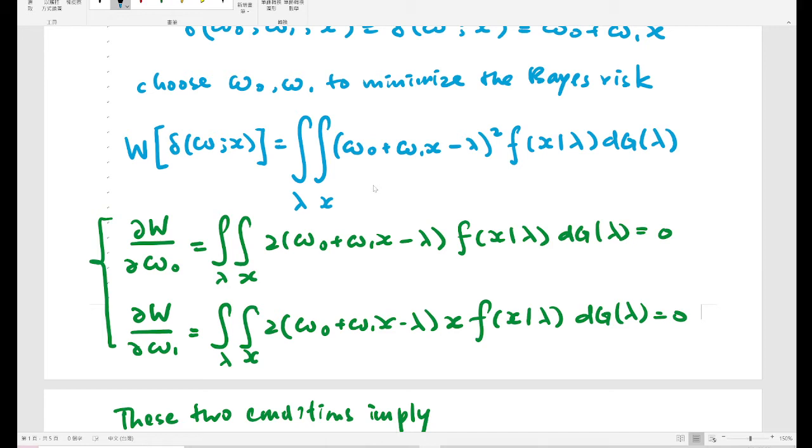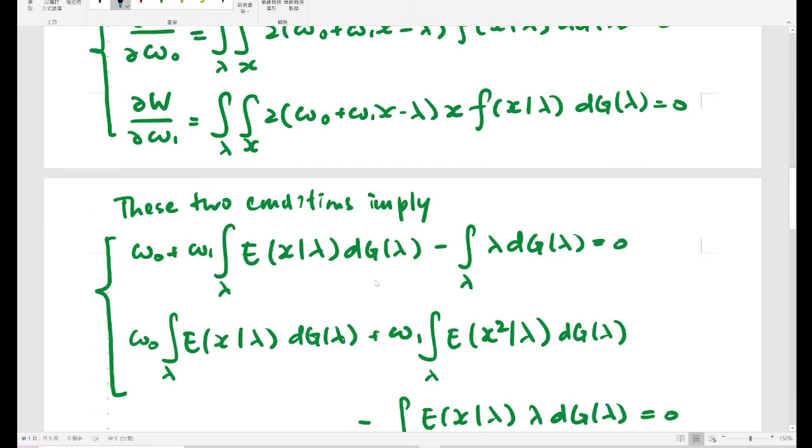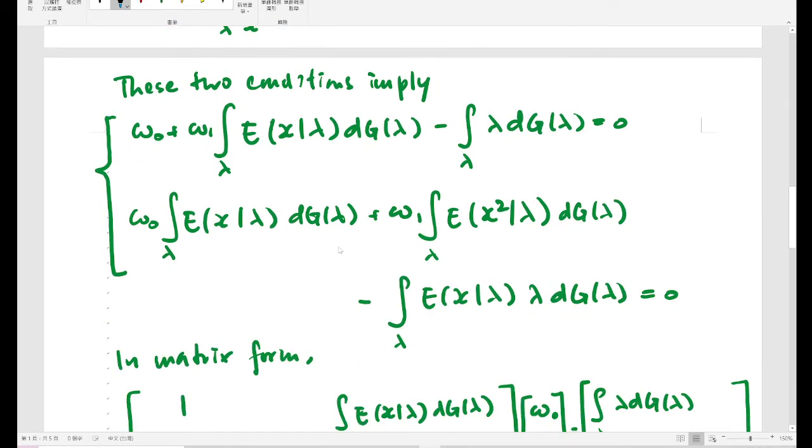We differentiate with respect to omega 0 and omega 1. Then we will get the two first order conditions as written here in green color.